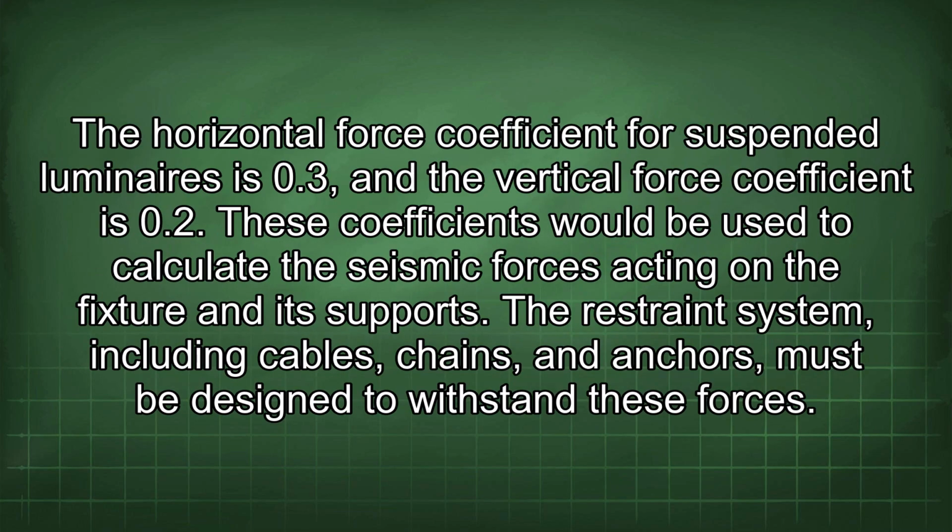The horizontal force coefficient for suspended luminaires is 0.3 and the vertical force coefficient is 0.2. These coefficients would be used to calculate the seismic forces acting on the fixture and its supports. The restraint system, including cables, chains, and anchors, must be designed to withstand these forces.